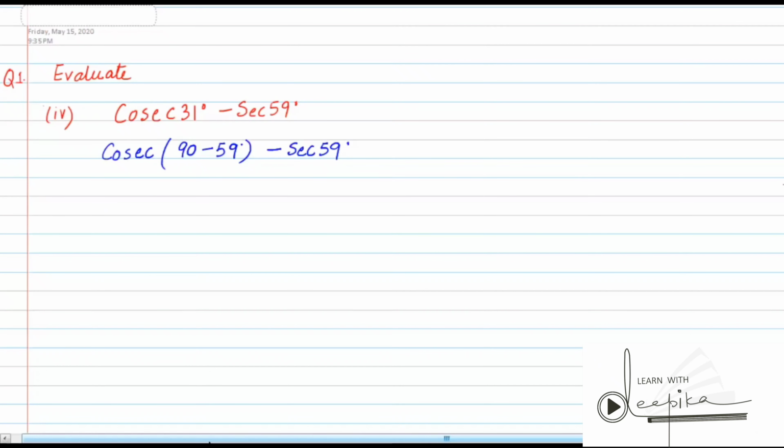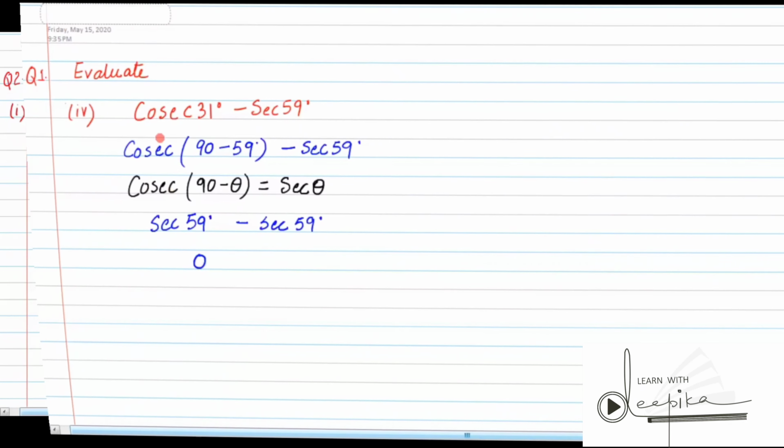Now student, you will use the formula cosec 90 minus theta is equal to sec theta. Using this formula, you can write cosec 90 minus 59 degree is equal to sec 59 degree, and sec 59 degree minus sec 59 degree is equal to 0. So this is our question number 1. Now we will move to question number 2.